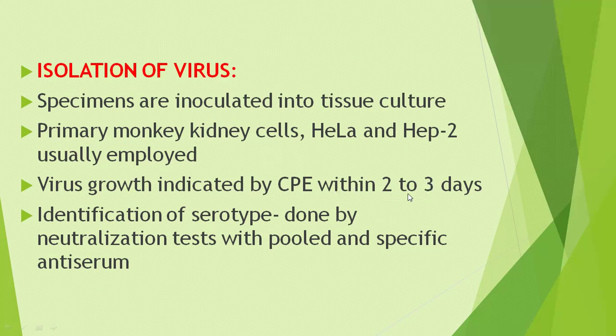Once we see the cytopathic effect, we can identify the serotype, because there are 3 serotypes: serotype 1, 2, and 3. These 3 serotypes are identified by a neutralization test using pooled and specific antiserum.